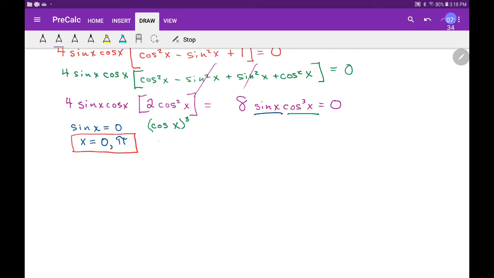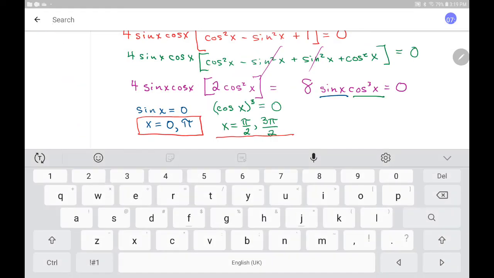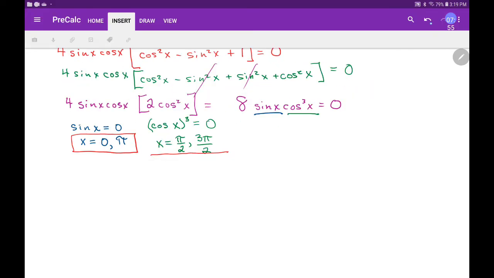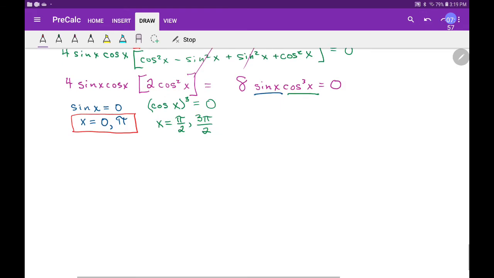When is cosine x equal to 0? Well, cosine x equals 0 when x is equal to pi over 2, right? That'd be 0. And if I cube it, still 0. And also at 3 pi over 2. So those are my answers. Okay. Here we go.